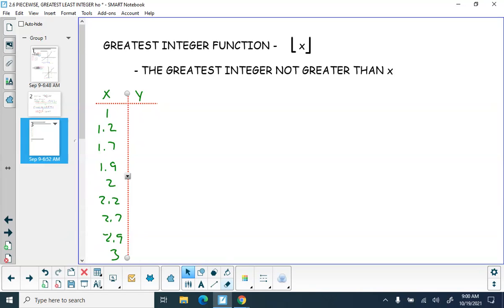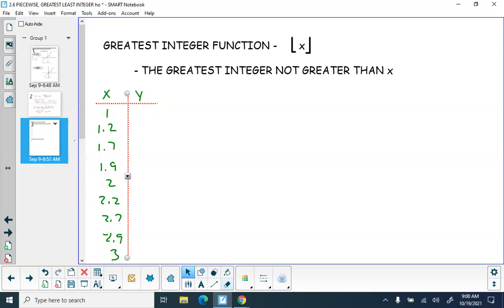In my mind, I have to run this through and say these things each and every time. What is the greatest integer not greater than 1? Integers are positive, negative, whole numbers.